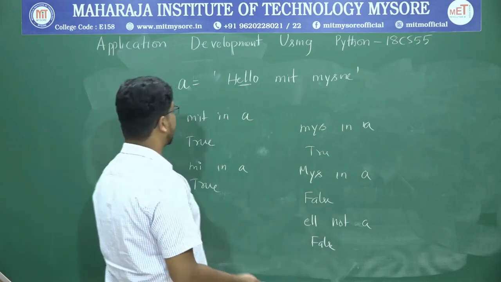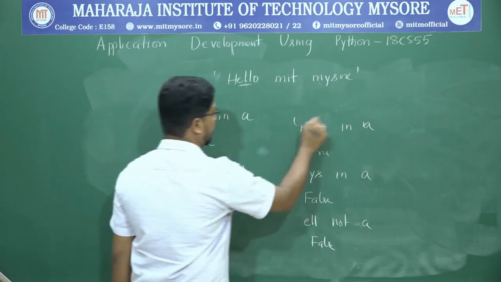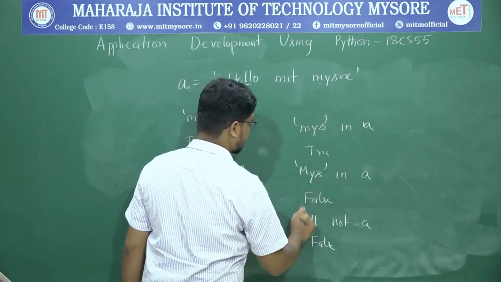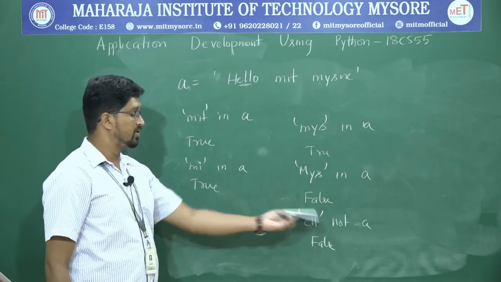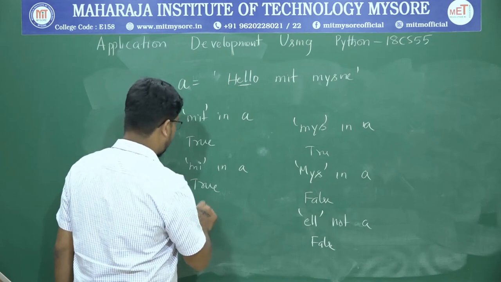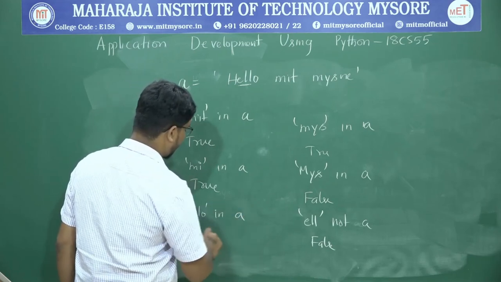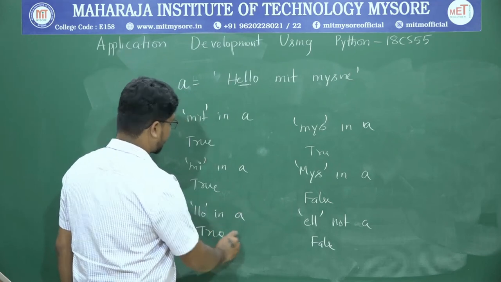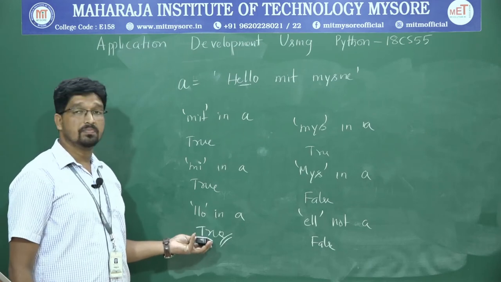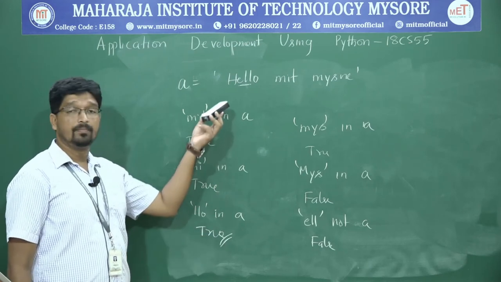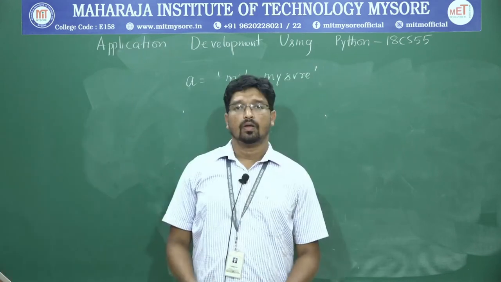Here we are writing strings, everything should be quoted, MYS, ELL. ELL not in A, which is false. In the same way, LLO in A, you will get true as a result because LLO is present inside A. So this is how in and not in works.